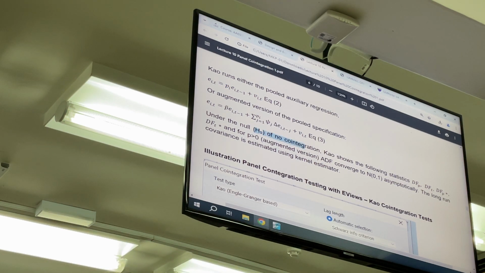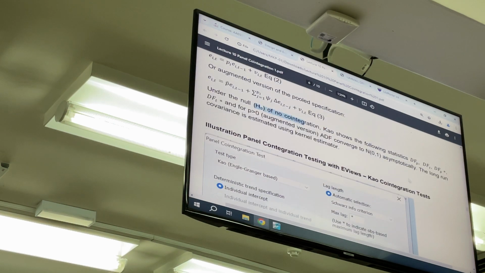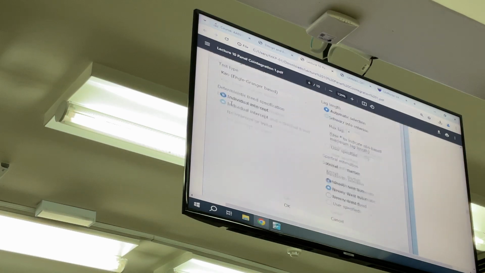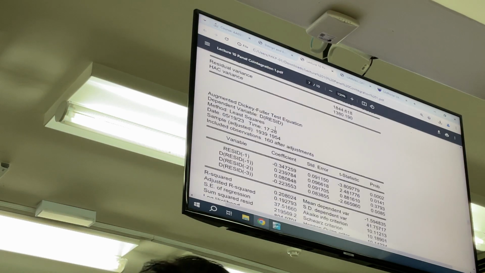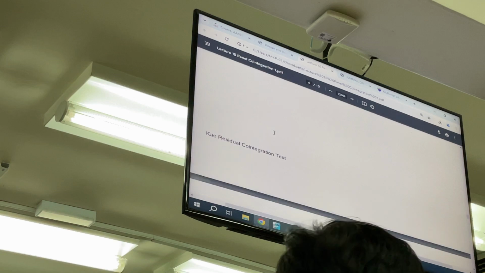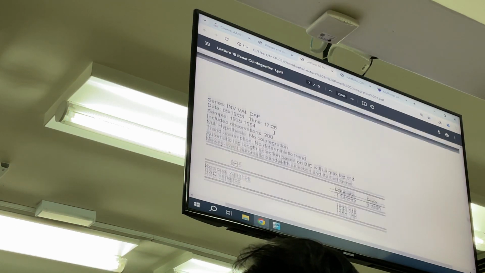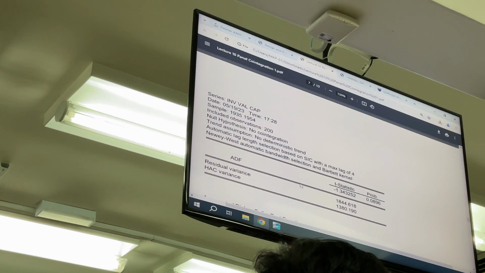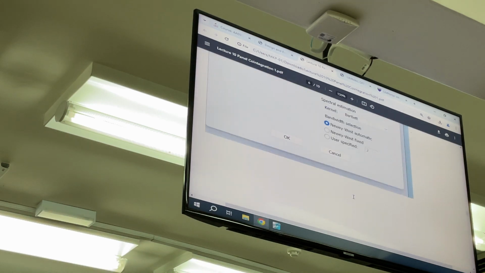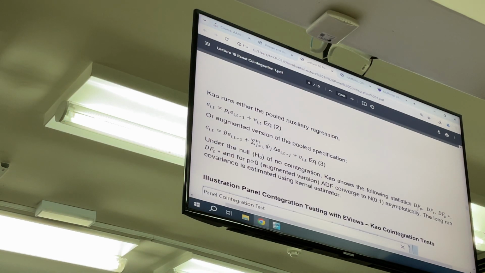So what is the null now? No cointegration. And here, right, they have 1, 2, 3, 4 statistics. So you will come up with an ADF, and then the following statistics like the Dickey-Fuller rho, Dickey-Fuller t, and the rho star and the t star here.